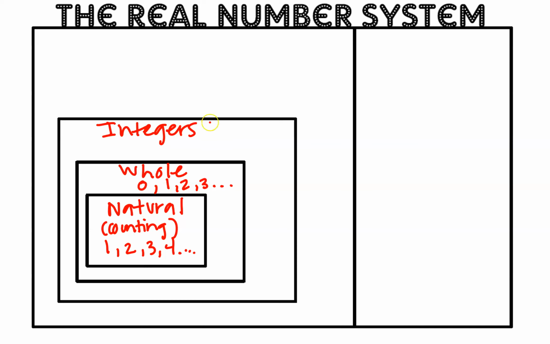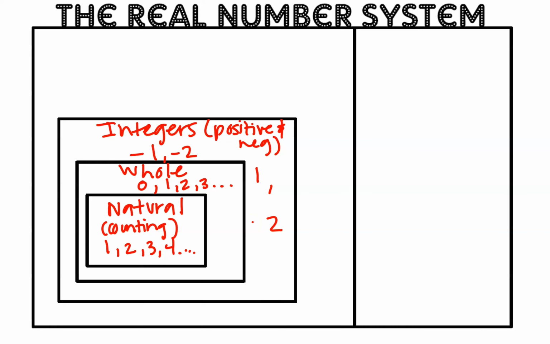So these are positive and negative numbers. So what does that mean? -1, -2, or +1, +2. So negative numbers and positive numbers. So no fractions and no decimals in this section as well.